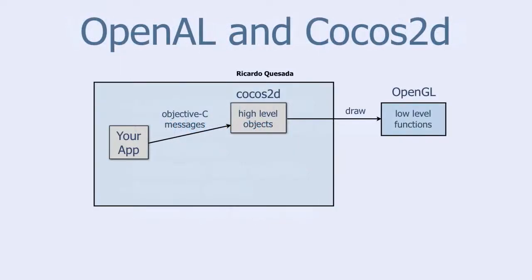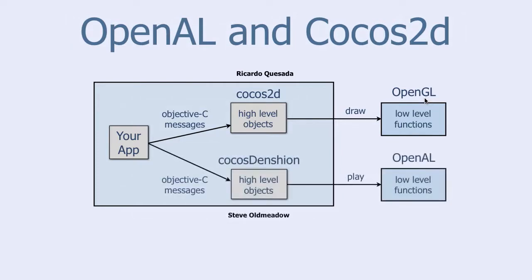Let's now look at OpenAL and Cocos 2D. As you remember, Cocos 2D is an in-between between your app and OpenGL. In the same way, there is an in-between between your app and OpenAL, called CocosDenshion.